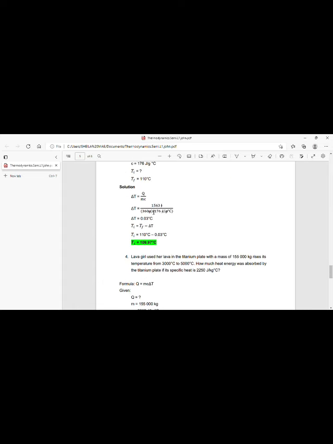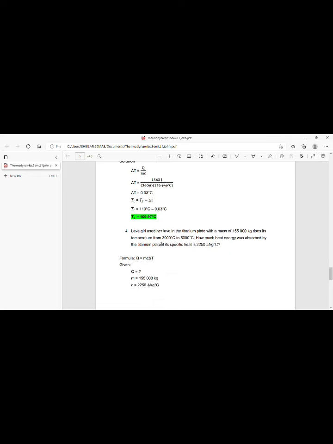We will cancel the units here so that we can come up with degrees Celsius. Then we subtract 110 minus 0.03 degrees Celsius to find the initial temperature. The answer here is 109.97 degrees Celsius, which is our initial temperature.